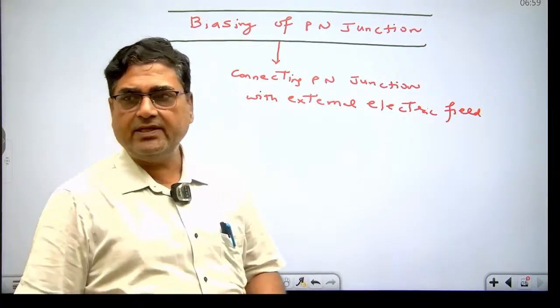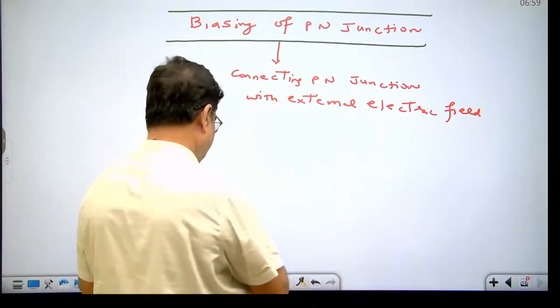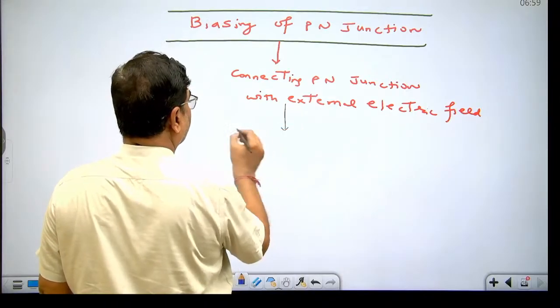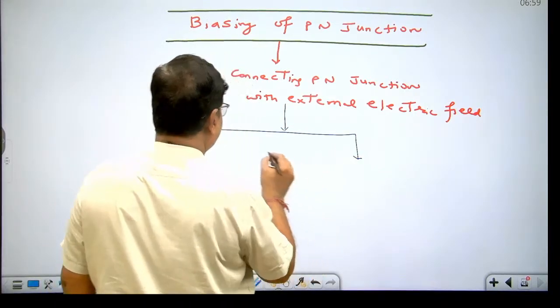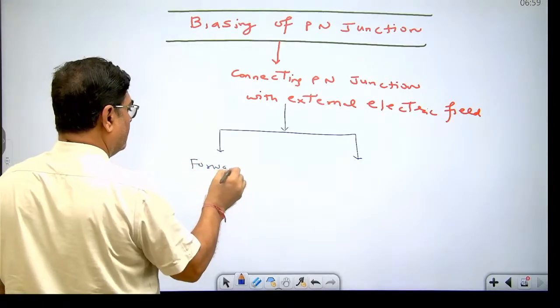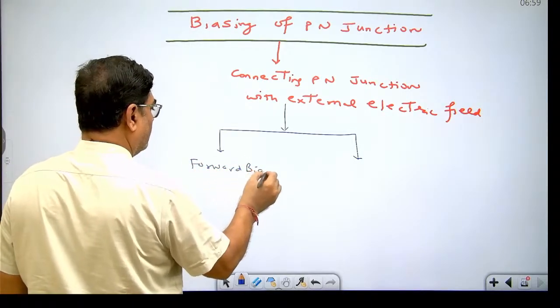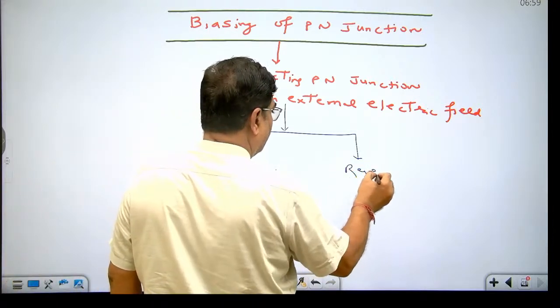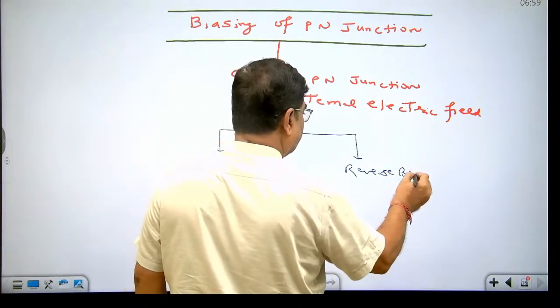Dear student, biasing is of two types. One is forward biasing and another one is reverse biasing.